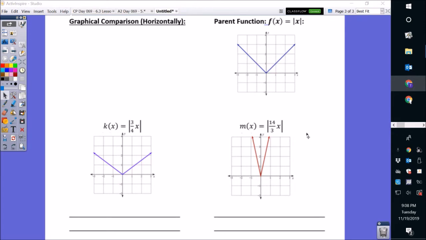Now let's compare horizontal stretch and horizontal compress. When you're looking at the horizontal compress, or you can also say horizontal shrink, it shrinks towards the y-axis.